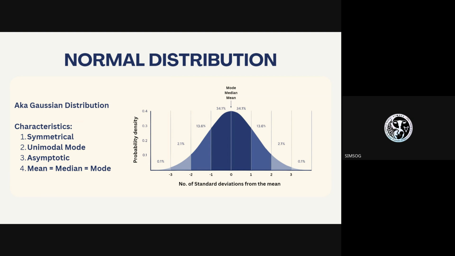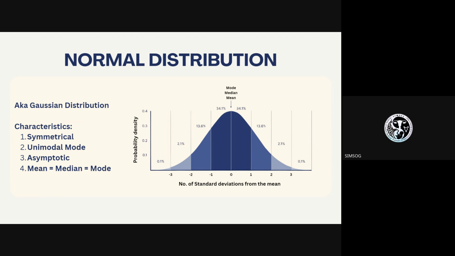Okay, for example, there is a minuscule 0.00001% chance that a person might have 100 cups of tea, right? So that is what we call asymptotic, it does not touch the x-axis.